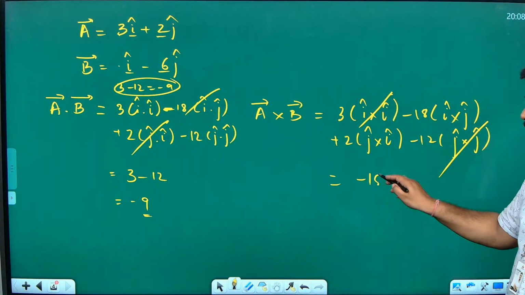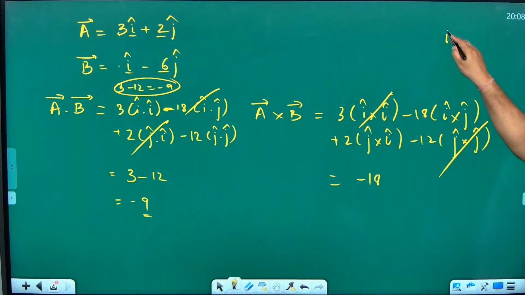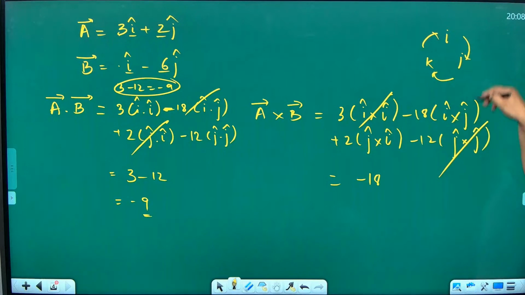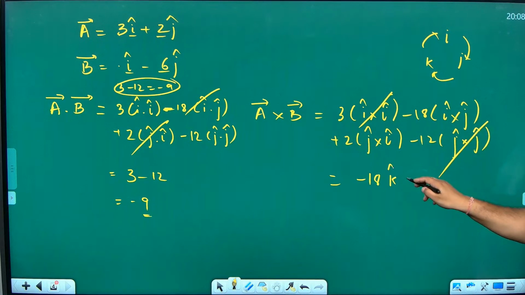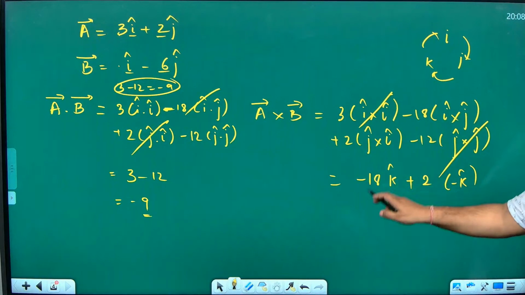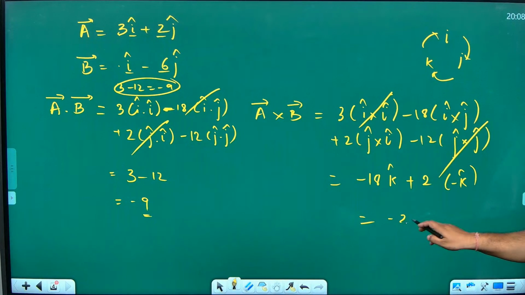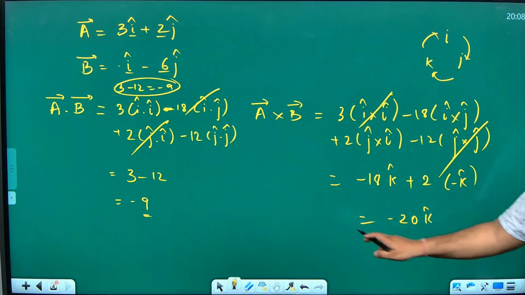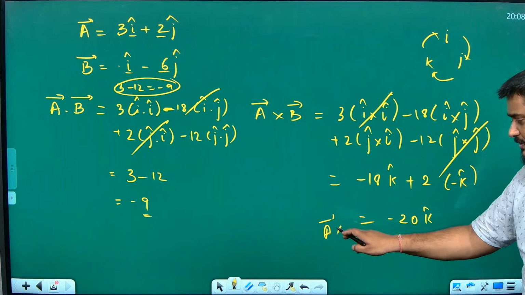Minus 18 into, what is i cross j? k, because we know very well the i j k circle. Yes, i cross j will become k. Plus 2 into, what is j cross i? Minus k. So minus 18 and minus 2 will become minus 20 k cap. This is the answer for A vector cross B vector.